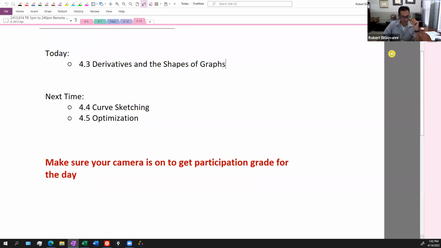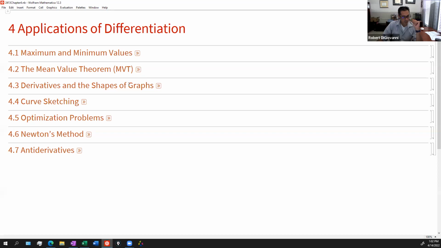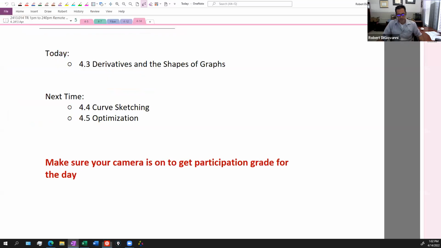All right. So derivatives and shapes of graphs. There's a lot of notes here. Let me go ahead and open these up. So before I actually start, let me just say something about this.